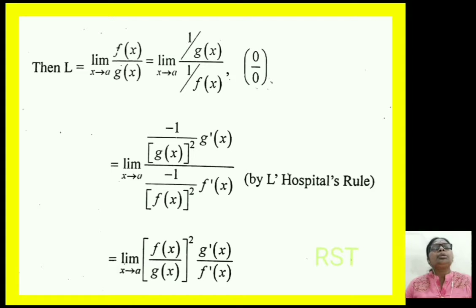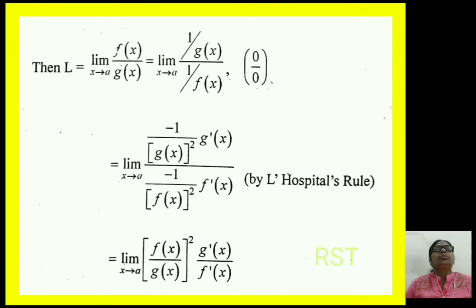That means after simplification it is of the form limit of f(x) upon g(x) as x tends to a. Why have we written this form of 1 upon g(x) upon 1 upon f(x)? Since limit of f(x) as x tends to a equal to infinity and limit of g(x) as x tends to a equal to also infinity.